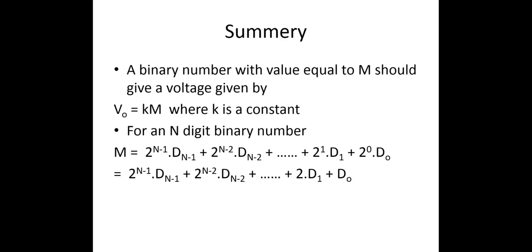The digital to analog converter gives an output voltage which is directly proportional to the input binary number, with V naught equal to K into M, where K is the constant of proportionality, and the value of K will be equal to the reference voltage divided by 2 raised to power n. So which is approximately reference voltage divided by the largest binary number possible for the given number of bits.